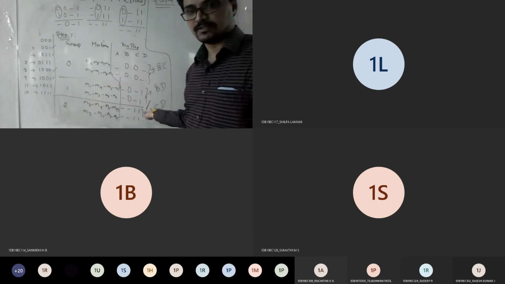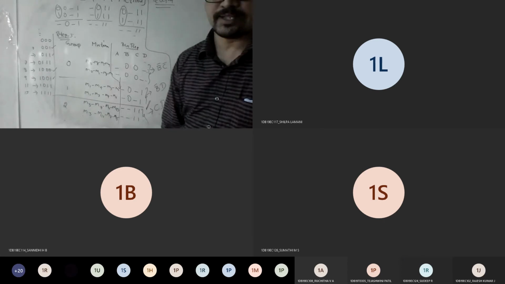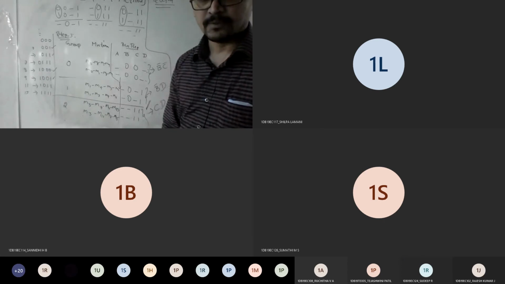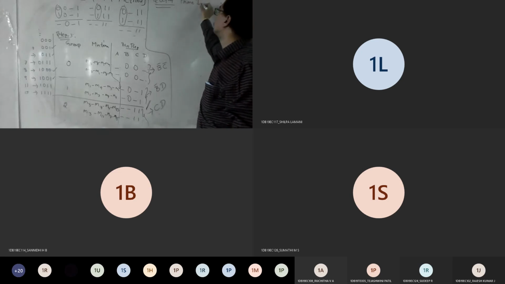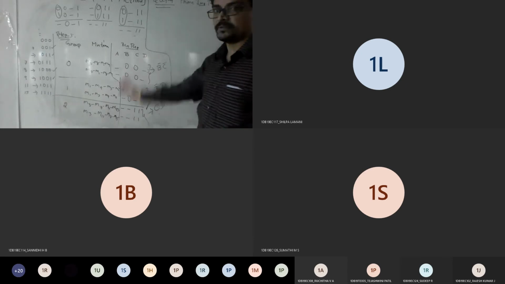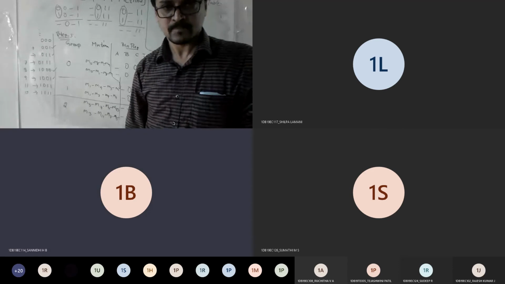If you have further simplification, that will come here. Otherwise, I can go with the next step. Write down the heading as prime implicant table. I hope in the last class we discussed prime implicant, essential prime implicant and all. Do you remember? Yes, sir.